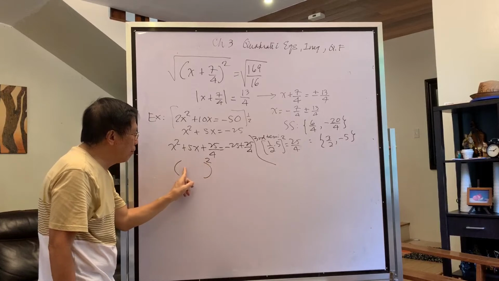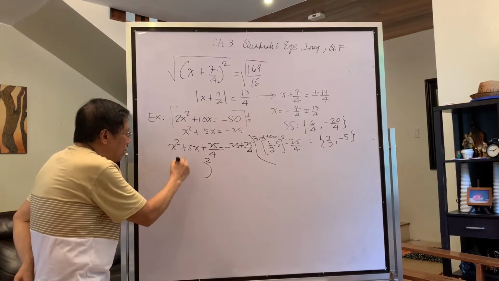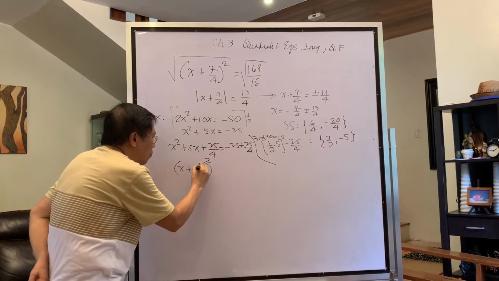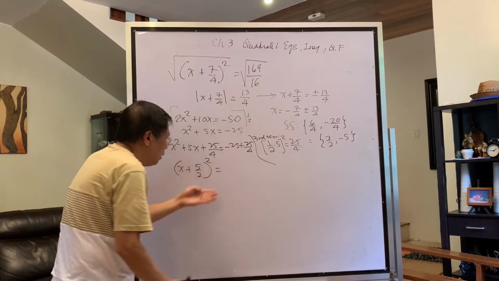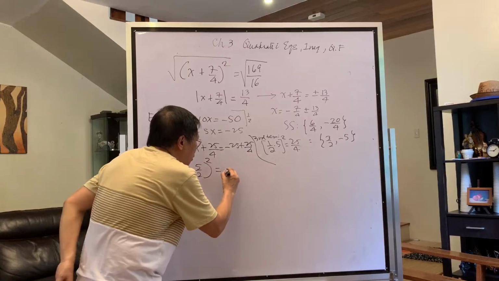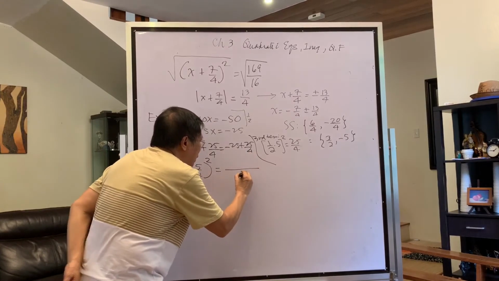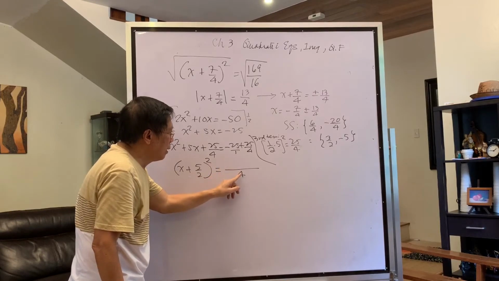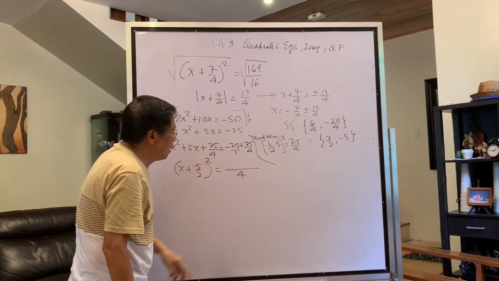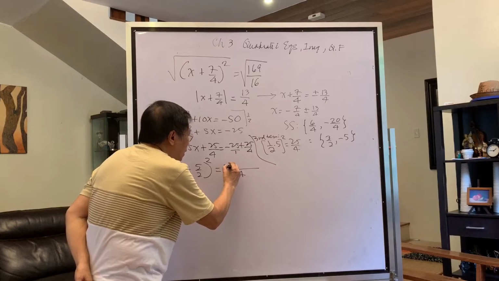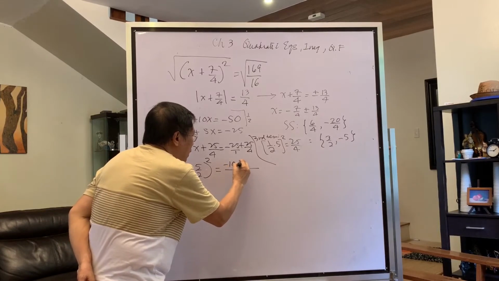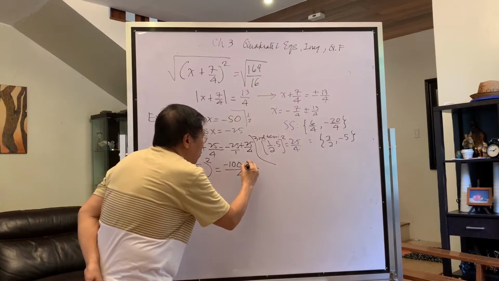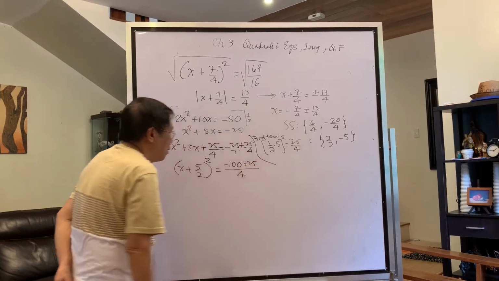And where do we get the binomial? The square root of x squared is x. The square root of 25 over 4 is 5 over 2. And simultaneously, we will add the right hand side. Okay, so 4 divided by 1 is 4 times negative 25 is negative 100. 4 divided by 4 is 1 times 25 is plus 25.